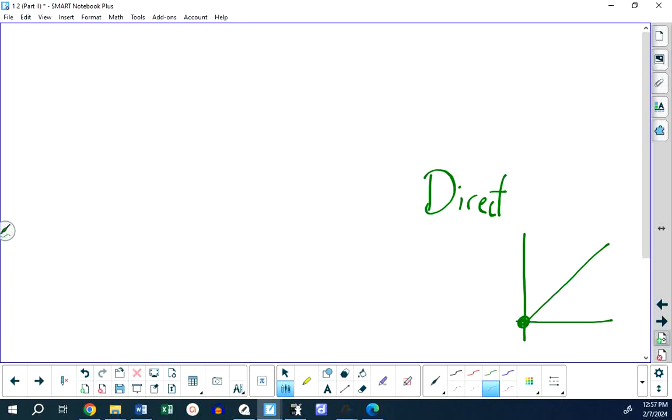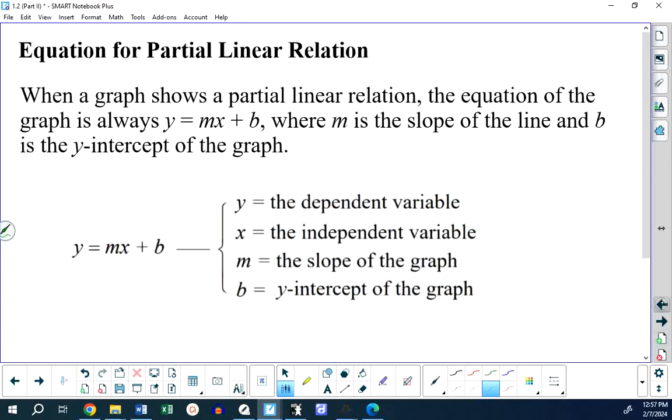It's 0, right? So direct has a y-intercept of 0. And we learned yesterday this is the formula for direct, isn't it? But look at what happens if you make b 0 here. You're left with y equals mx, which is the equation for direct. So this will work for everything.